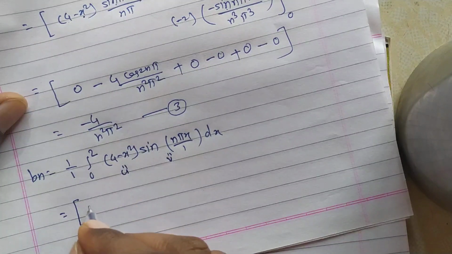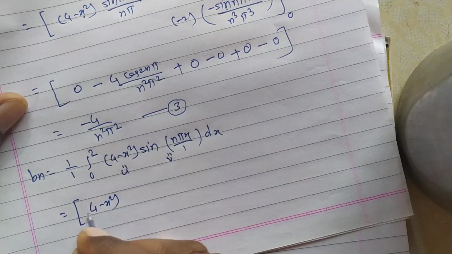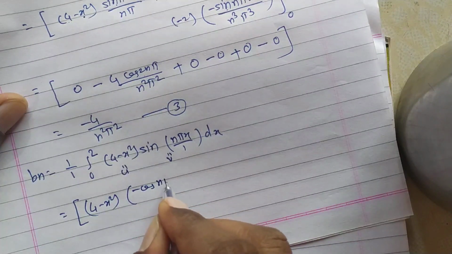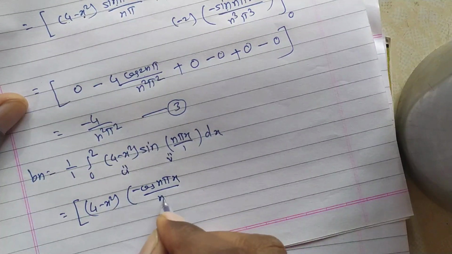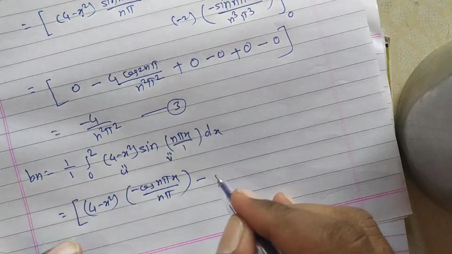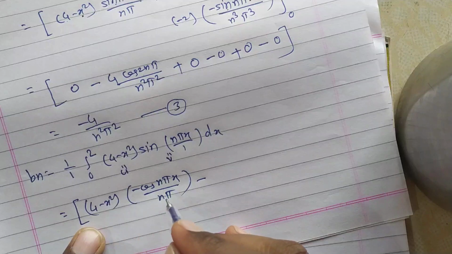Okay, so you write 4 minus x square as it is, into integration of sine, which is minus cos of n pi x upon n pi, minus u dash, meaning the derivative of the first term, into integration of the second term.